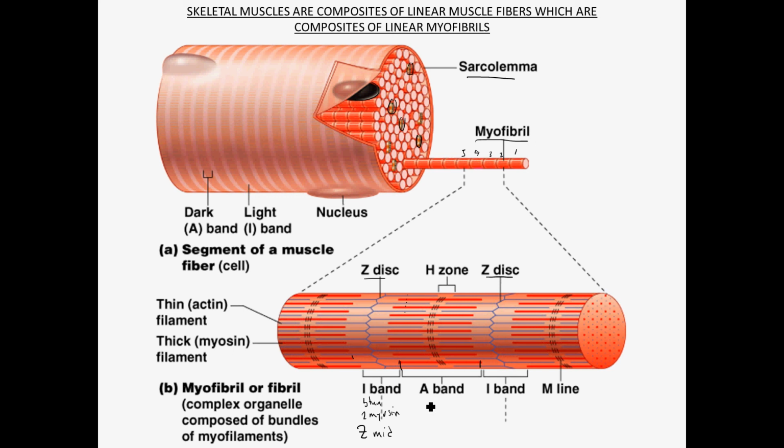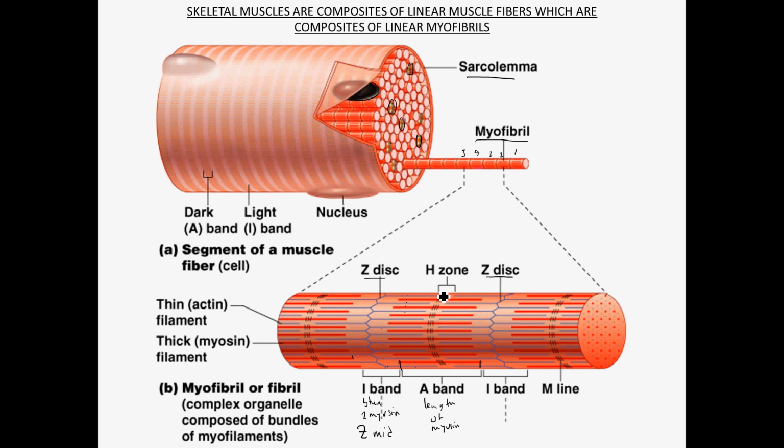So this A band is defined as the length of the myosin molecules, and in the A band we have some overlapping of the actin and the myosin. And in the I band, we just have actin and the Z line protein. So just actin here in the I band.